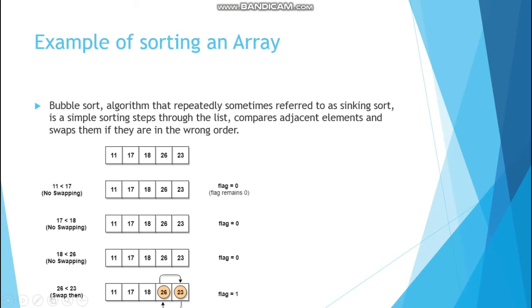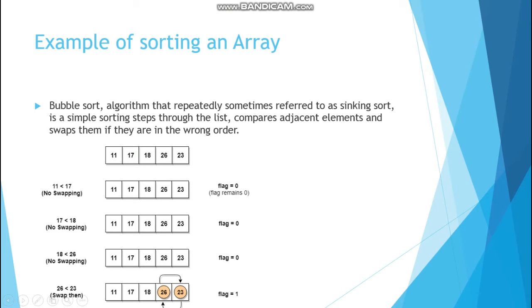Now comparing the elements at the second and third positions, 18 is larger than 17, so no swapping in this case. Now comparing the elements at the third and fourth positions, 26 is larger than 18, so again no swapping.